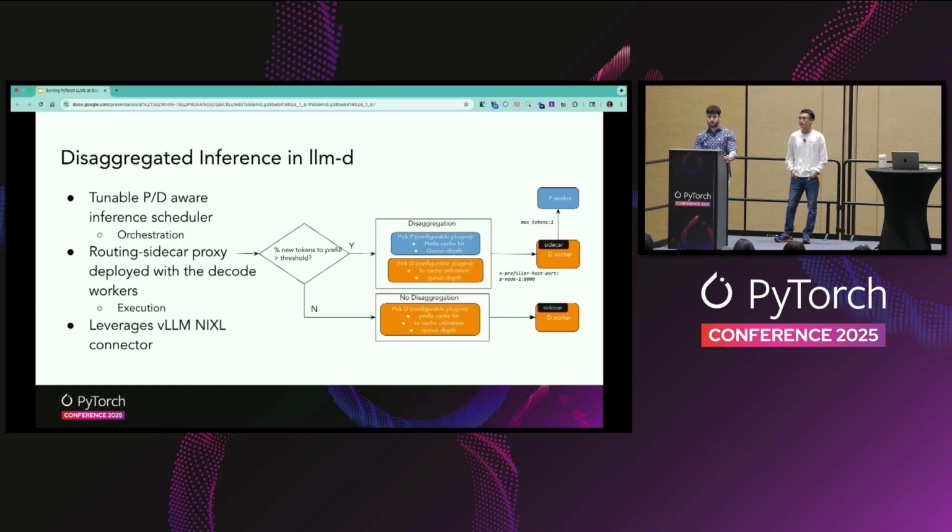The execution is done by a routing sidecar proxy that is deployed alongside every decode instance. Internally, the transport of the KVs is done by utilizing the vLLM NIXL connector, which I'll touch on in a following slide. But if you stay here for the next session, you'll get a better deep dive on NIXL.